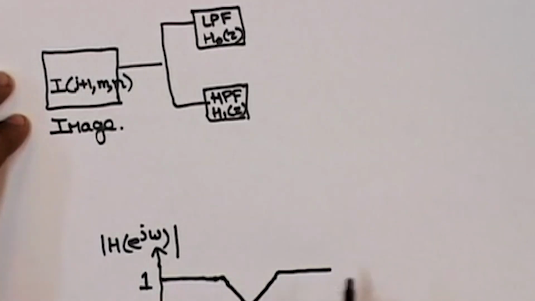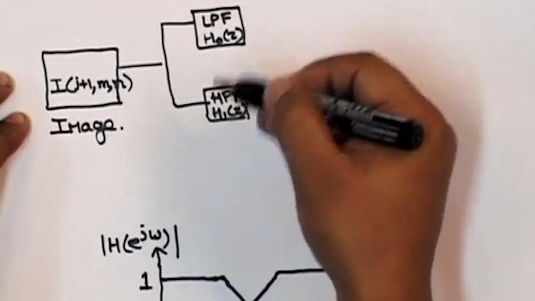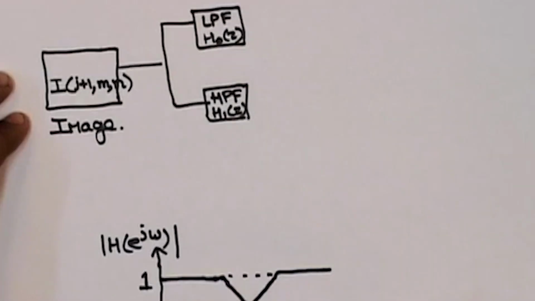What I mean to say is that the overall structure should be able to pass all the frequencies, and if this is my maximum frequency f max, then this point is f max upon 2.